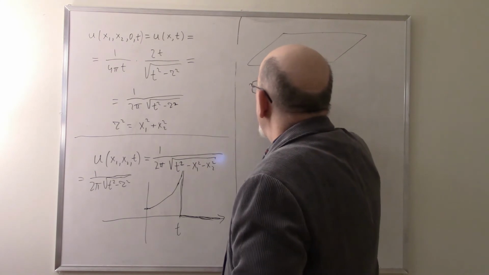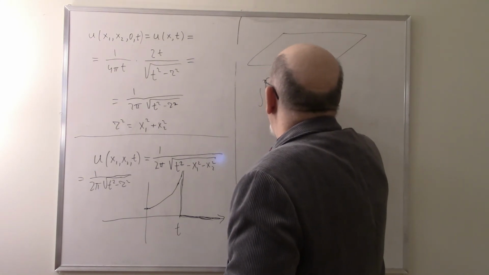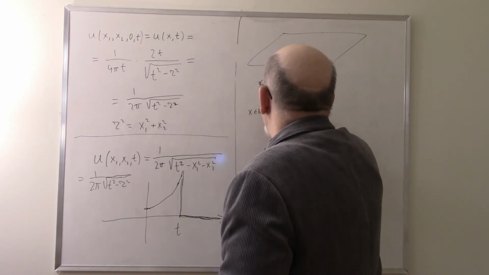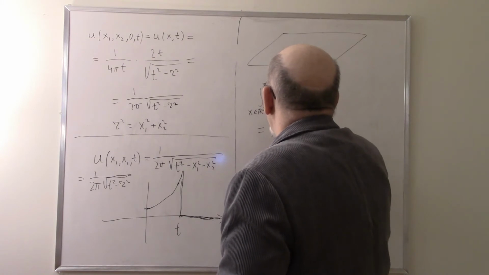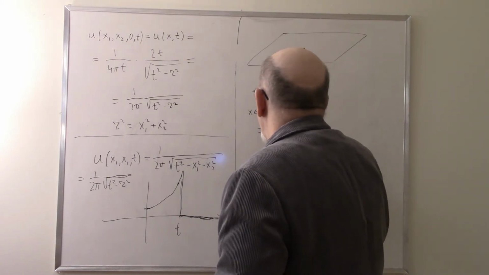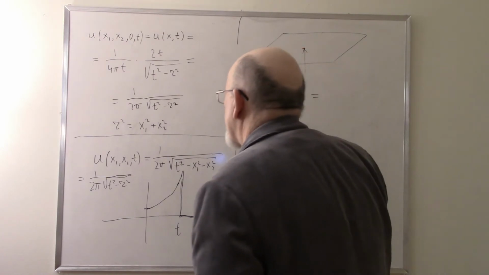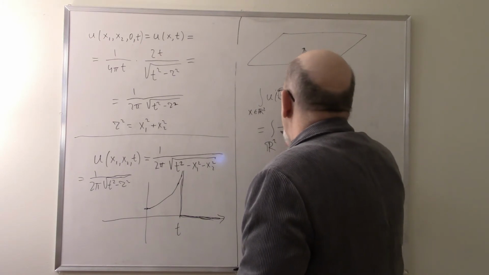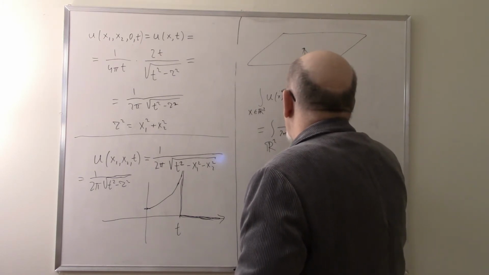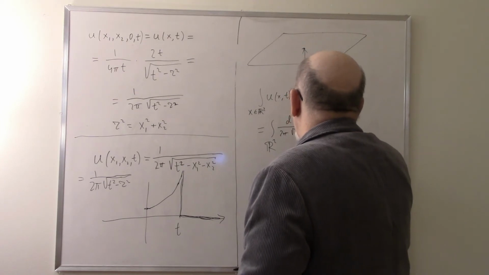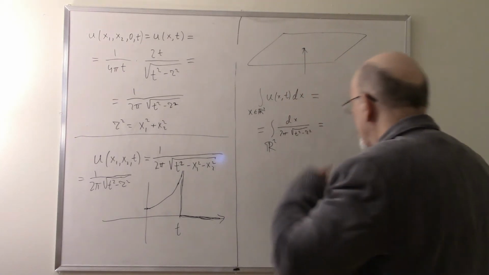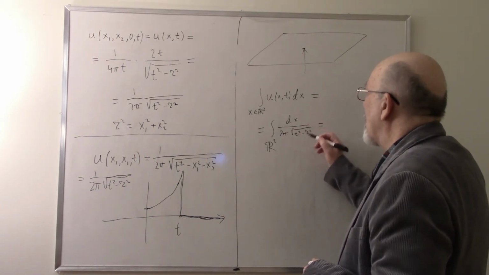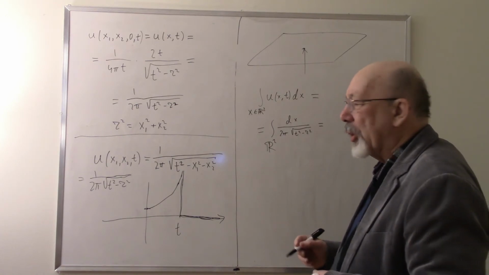So the integral of u of x, t dx, x in R2, equals the integral over R2 of dx divided by 2 pi square root of t square minus r square. It is a function depending on t; for any t it depends only on r, so we use polar coordinates.